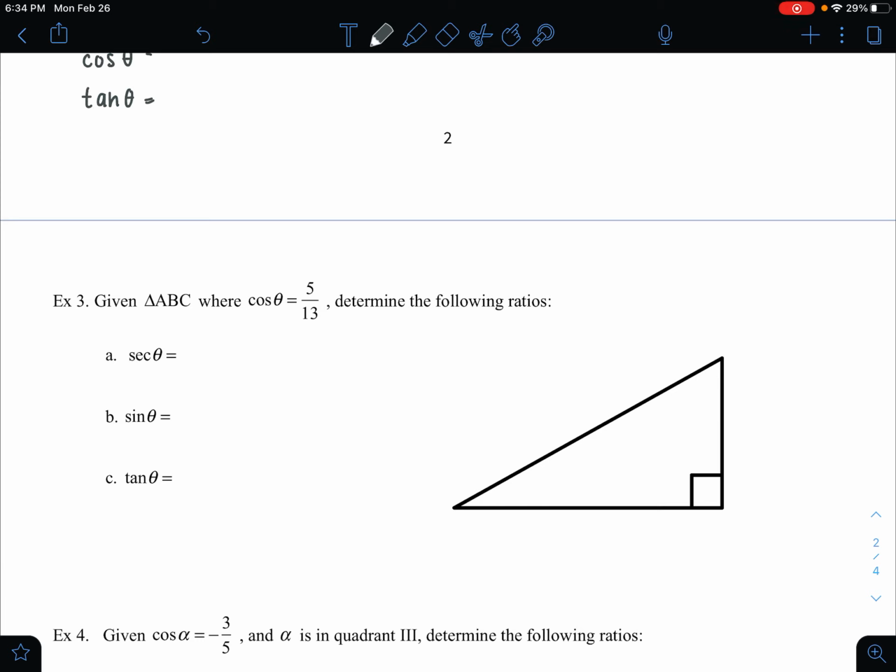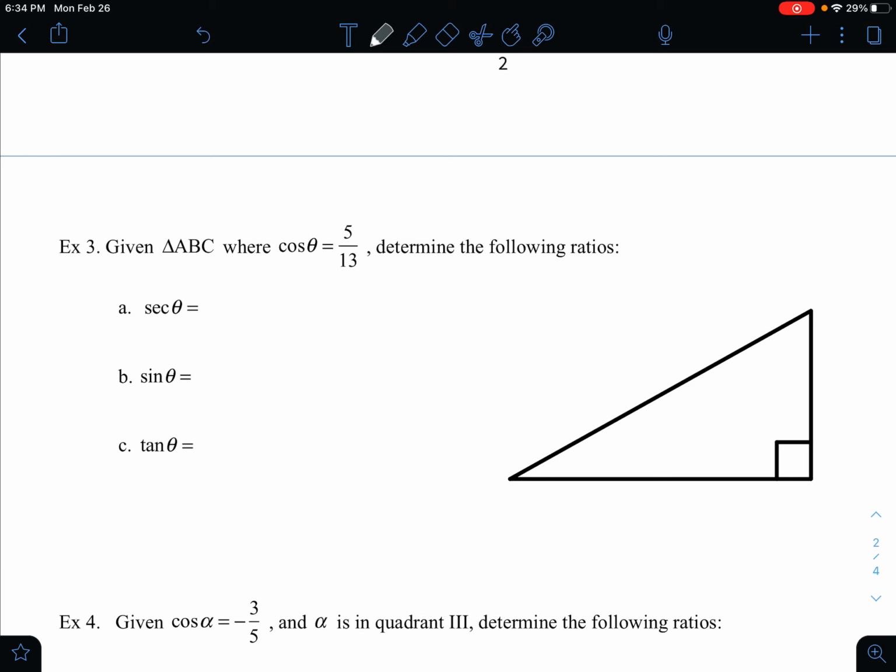All right, for 3, it gives us a triangle. And it tells us that based on wherever theta is, so let's call this theta, that our cosine, which is adjacent over hypotenuse, is 5 over 13.